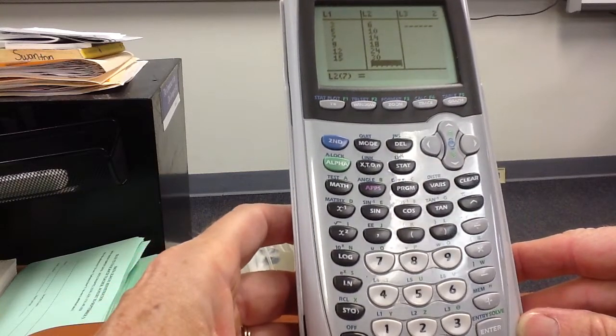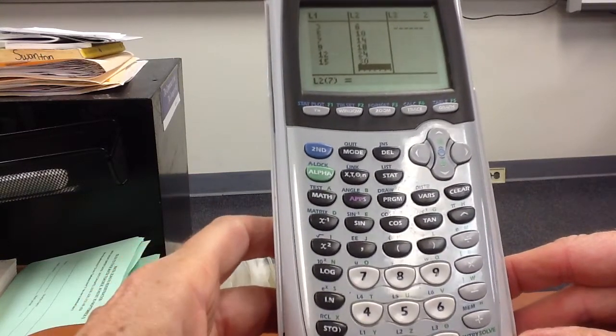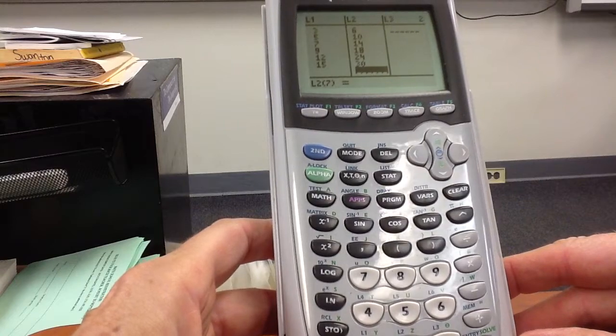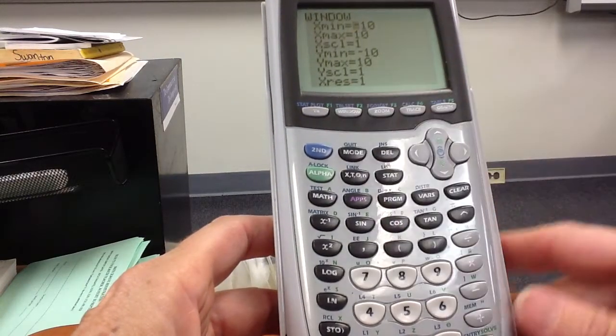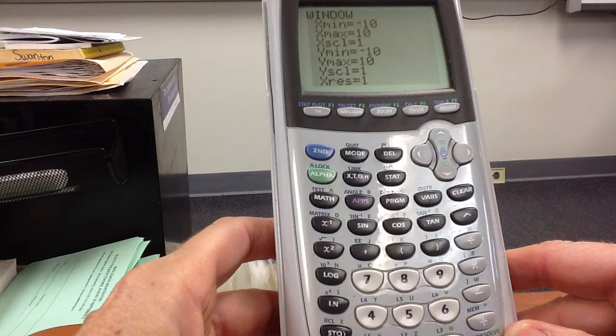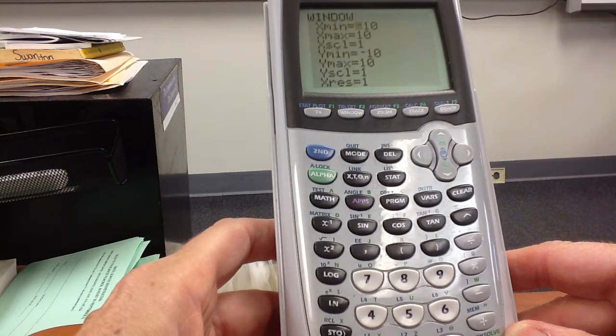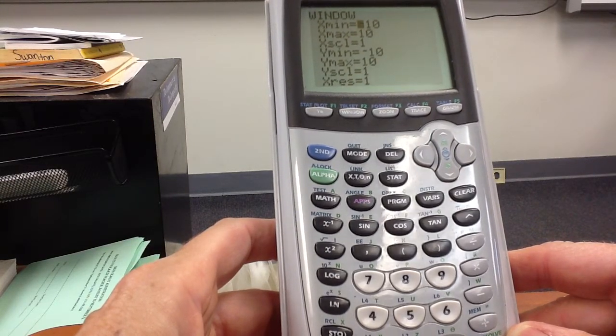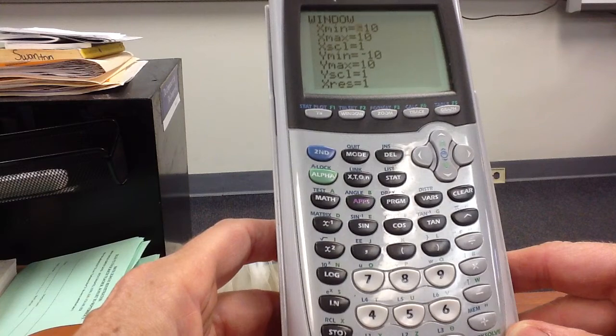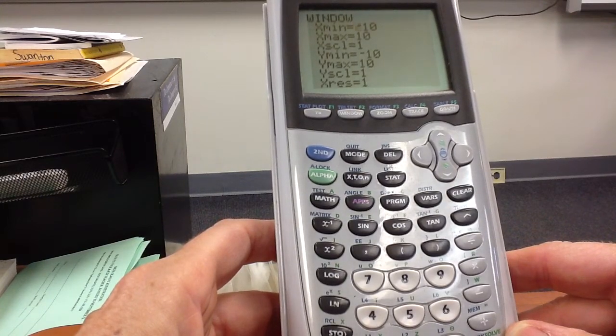Now we are going to draw a scatter plot of this data. So to do that, let's go to our window, and notice my window is set in the standard format like always. But in this problem, I know exactly what my x's are and exactly what my y's are. So my smallest x is 3, my biggest x is 15.